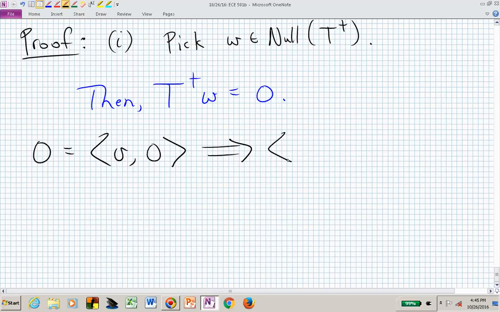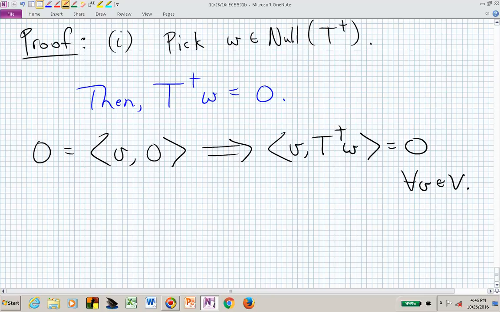So now we could say that V inner product with T dagger W is equal to 0. And what V is that true for? Which vectors are orthogonal to the 0 vector? All vectors. So this is true for all little v in the vector space capital V.